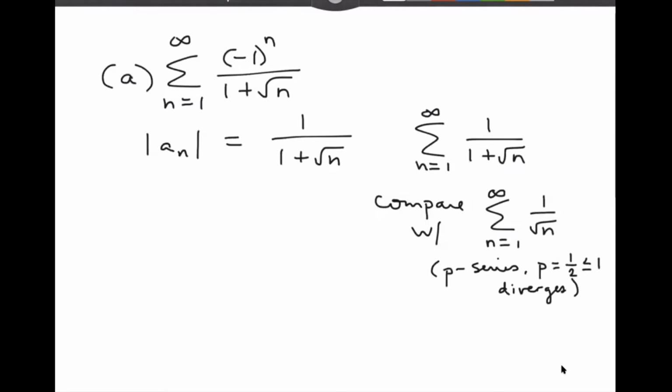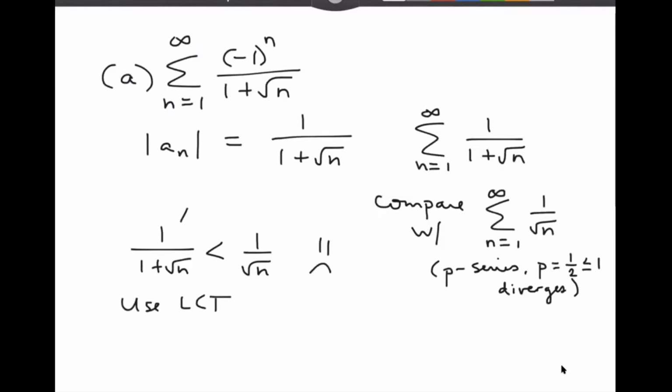Unfortunately, I'm not going to be able to use the direct comparison test because 1 over 1 plus the square root of n is less than 1 over the square root of n. So I'm disappointed about that because that means the inequality is going the wrong way for direct comparison test. So what I do in that case is I use the limit comparison test.